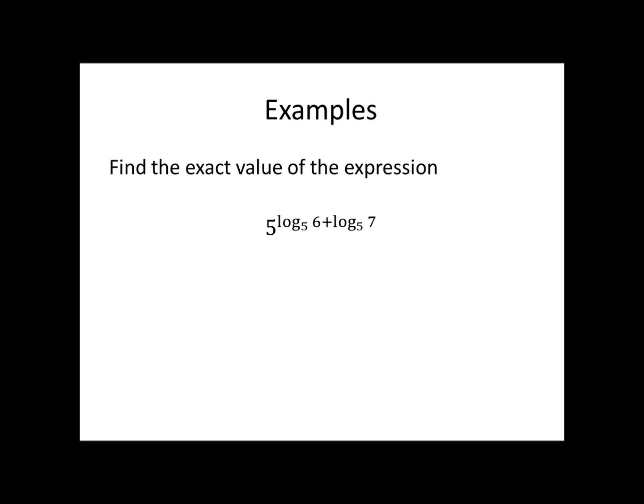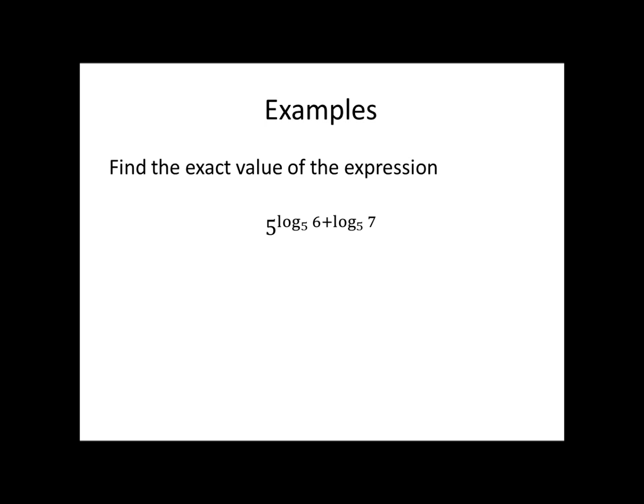So I've got 5 to this rather lengthy power. All that other stuff is a power on 5. So I've got the log base 5 of 6 plus the log base 5 of 7. Now the 5 and the log base 5 will cancel, but not until I write it as a single logarithm. So instead of 2 logarithms, I need to get 1 logarithm.